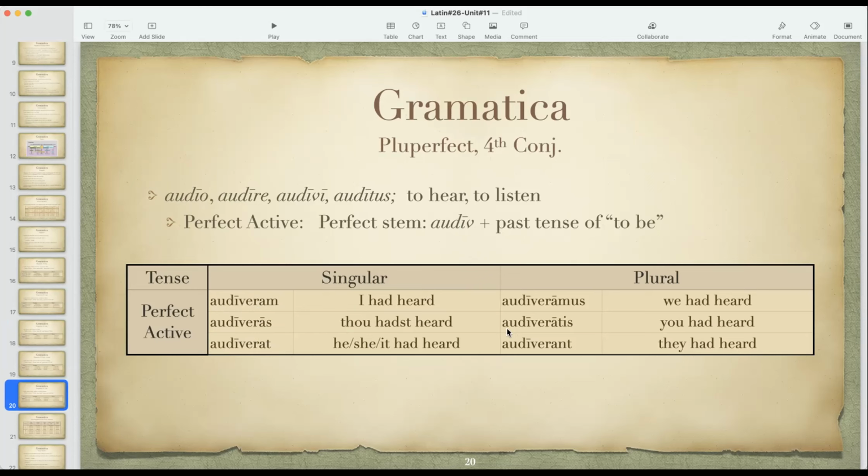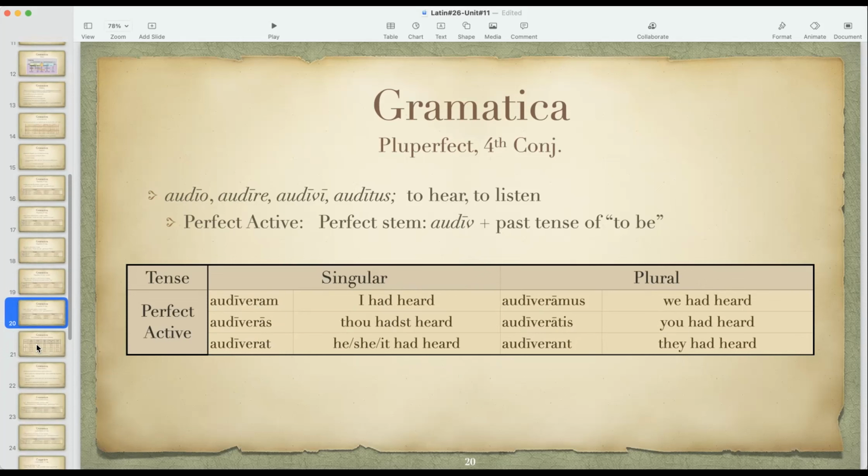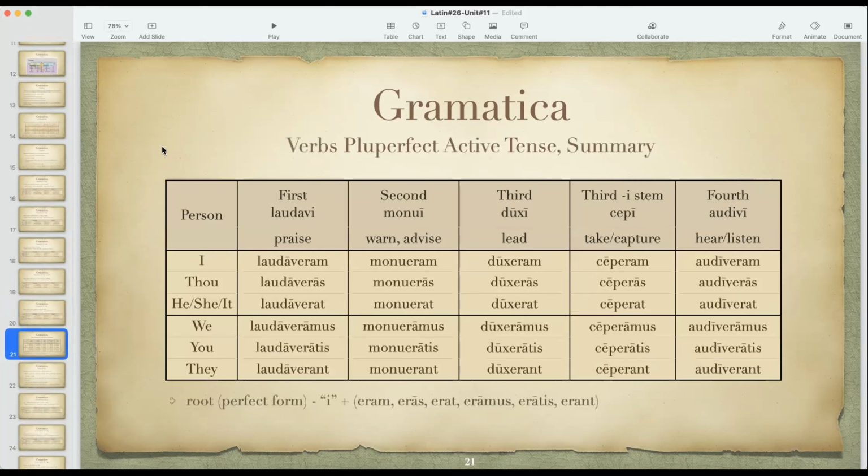Audiveramus, audiveratus, audiverant. So we had heard, you had heard, they had heard. So you can see had is the tip off in English anyway, as to what you want there. So this is a nice summary of the whole table.